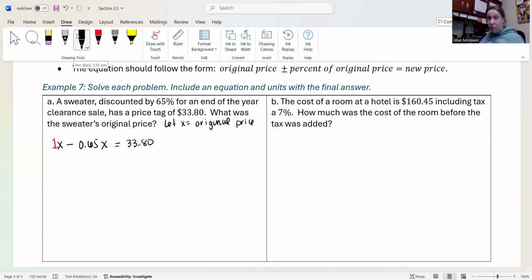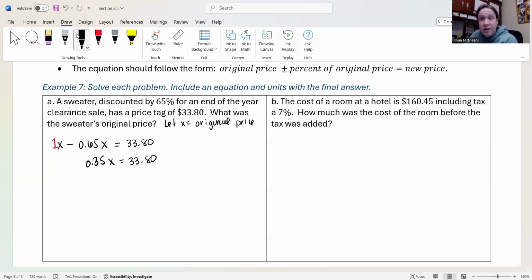So literally just the number 1 minus 0.65. So we get 0.35, and it's 0.35 times x, and that's going to equal $33.80. So this 0.35x represents the value of the original that we're still paying for. We got 65% knocked off. We're still paying for 35% of this sweater.